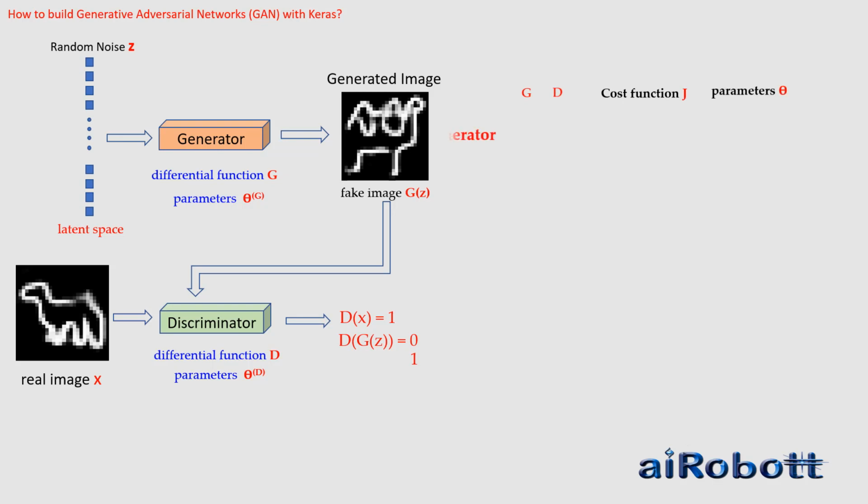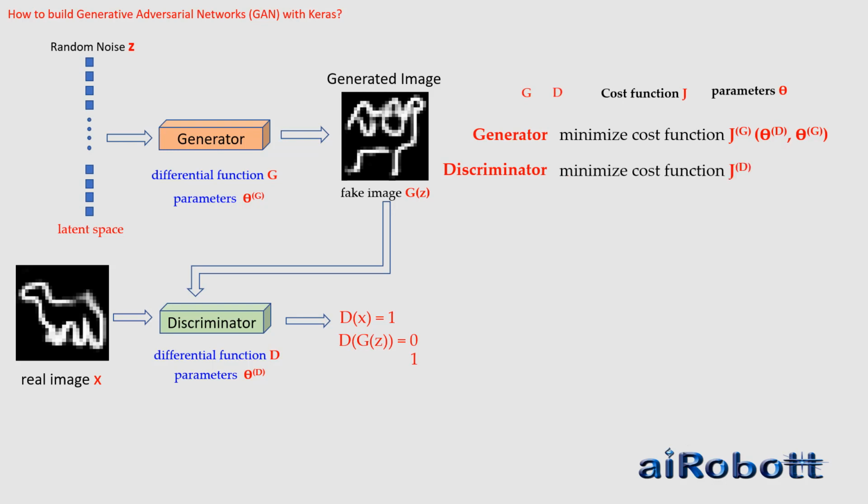The generator wishes to minimize cost function J of G in terms of network parameters theta D and theta G, but the generator can control only the generator parameter theta G. The discriminator wishes to minimize cost function J of D in terms of theta D and theta G, and the discriminator can control only the discriminator parameter theta D. Each network's cost depends on the other network's parameters, but each network cannot control the other network's parameters.